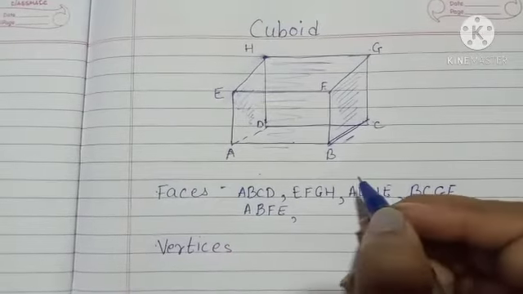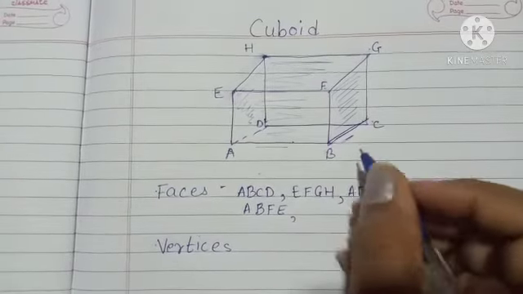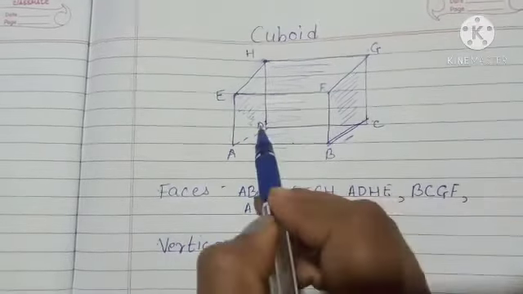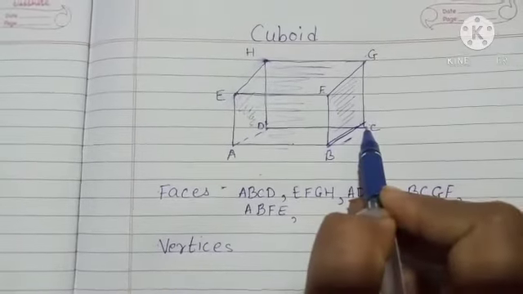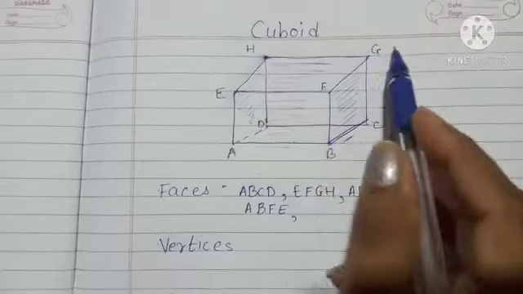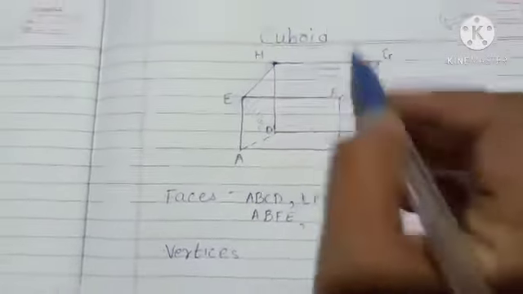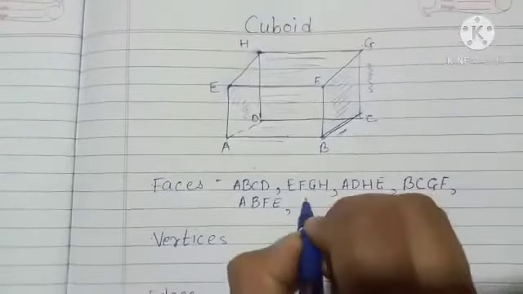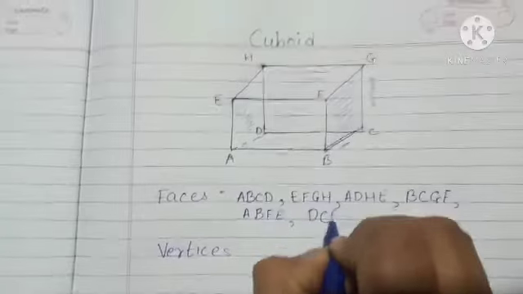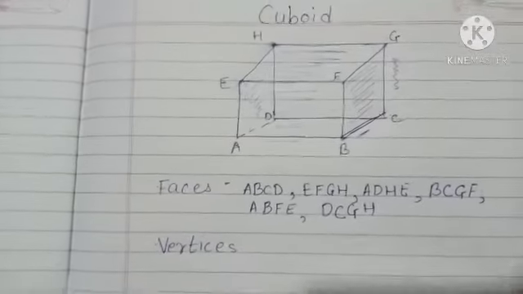And can you guess the last one? Yes. It's D, C, G, H. Understood? Yes, that means this side, this side. Okay, it is D, C, G and H. I hope faces are clear.